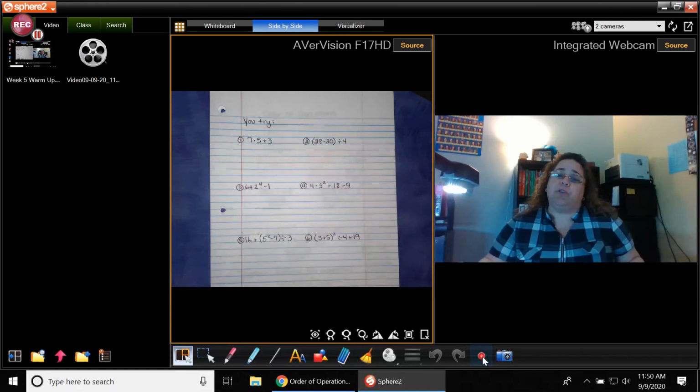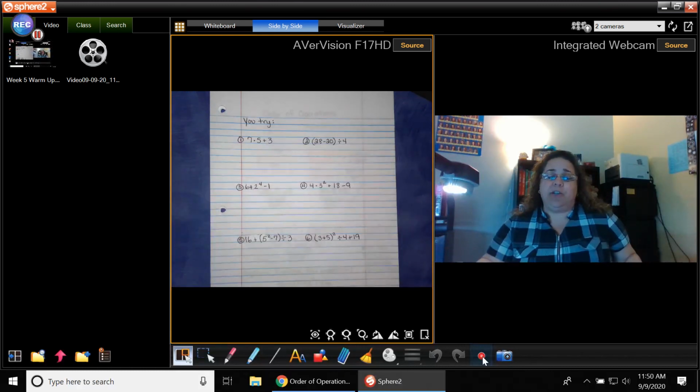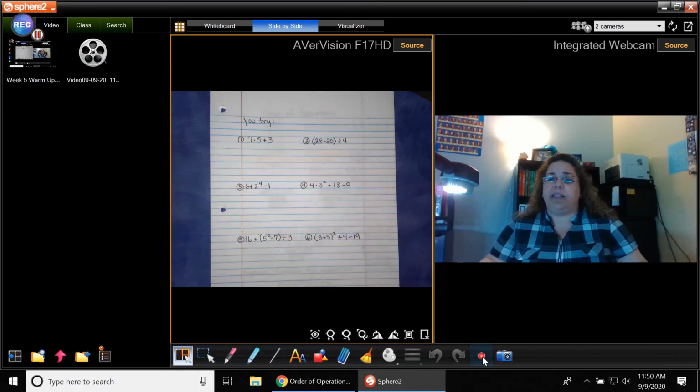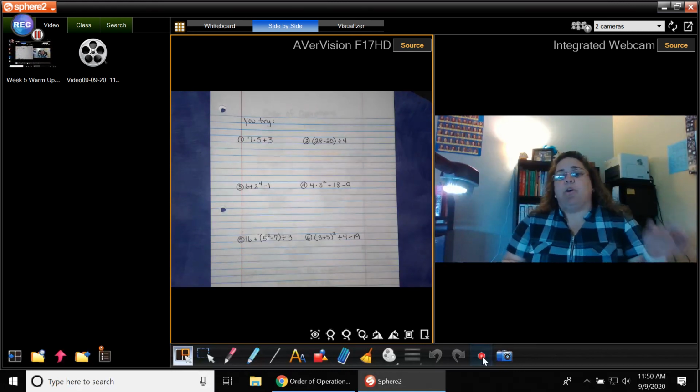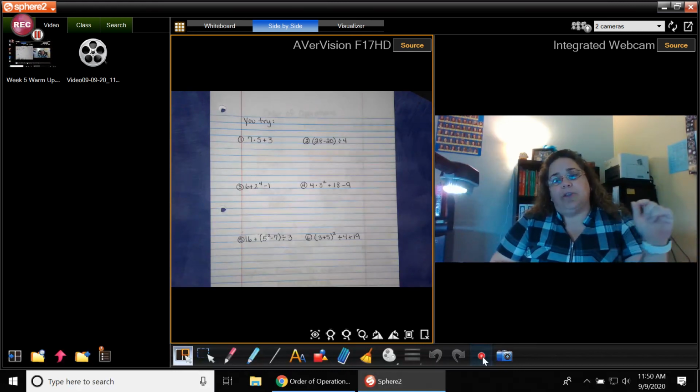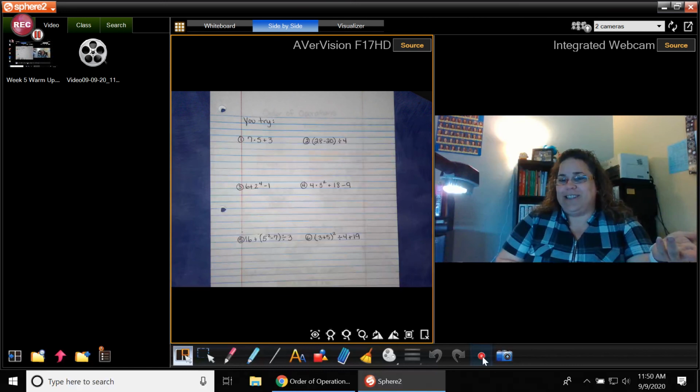You're going to write these neatly into your notebook and you're going to solve them independently. I want you to solve them independently, all right? And we're going to come back to these tomorrow for tomorrow's lesson, and I'm going to help you solve them really quickly, and we're going to see if you got the correct answers, all right? So we'll go over them tomorrow and see how you did.